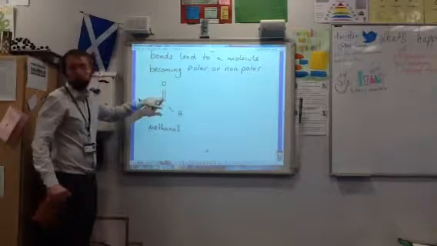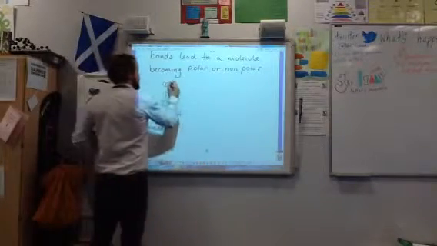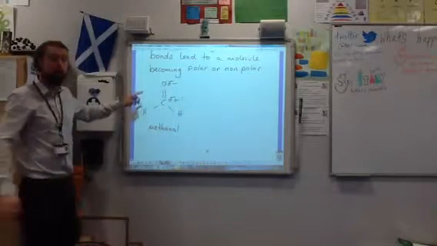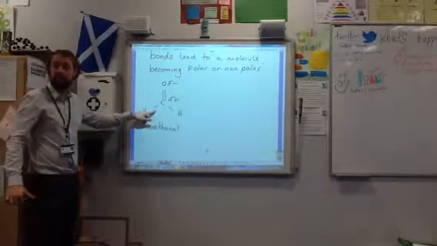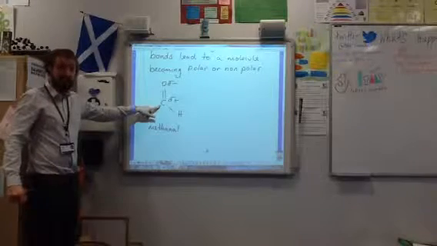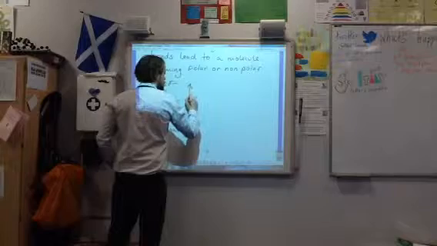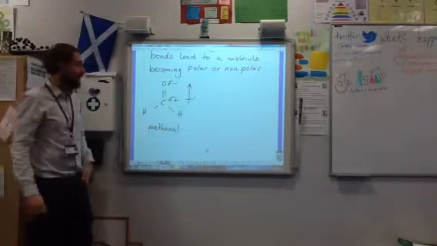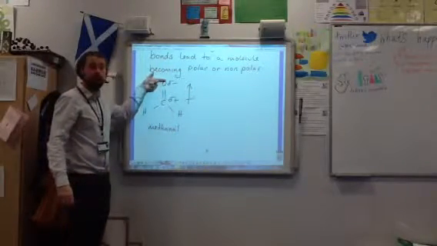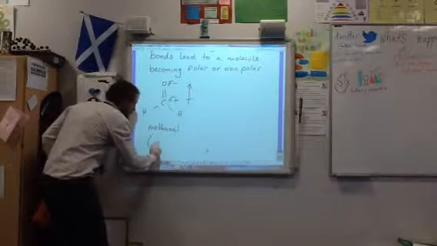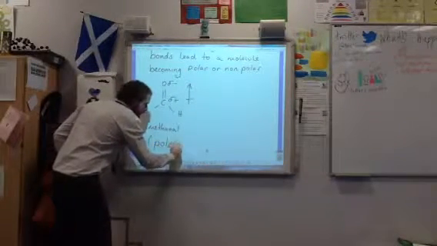Don't be put off by the double bond, it'll make a difference. Delta negative, delta positive. Now the spatial arrangement of atoms here means that this molecule has a dipole. It's often denoted like that, which means that it has a negative top and a positive bottom. So this molecule is polar.